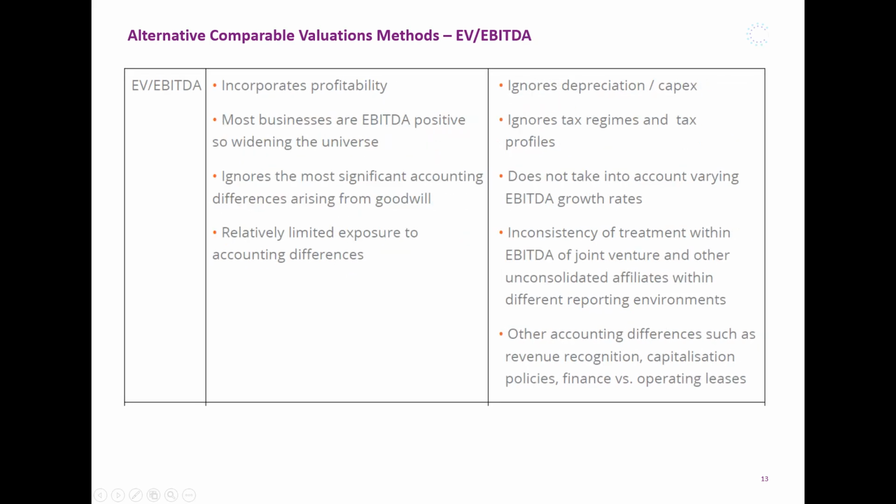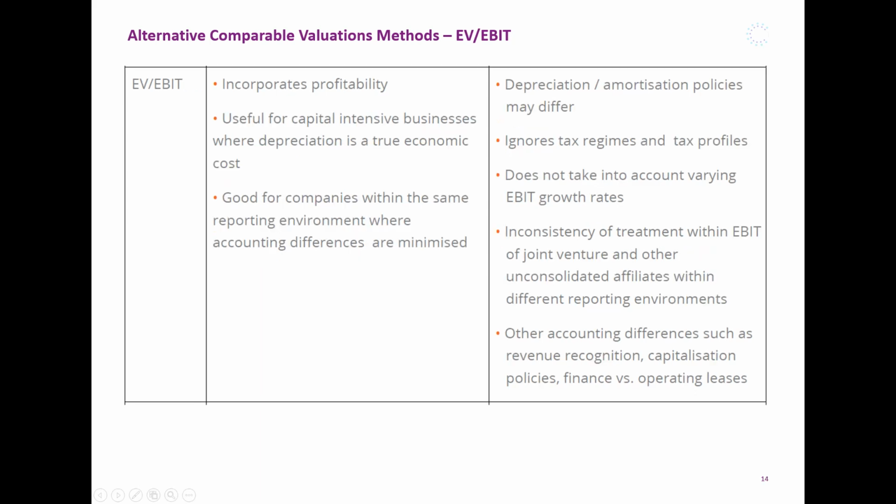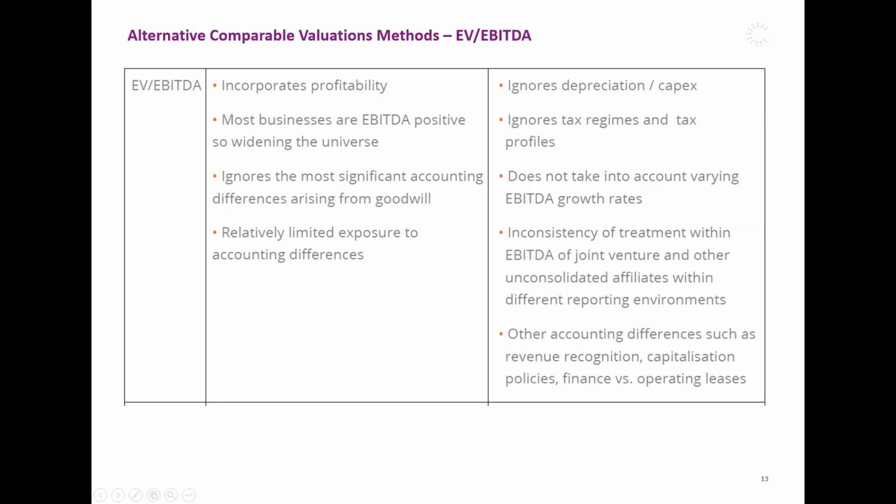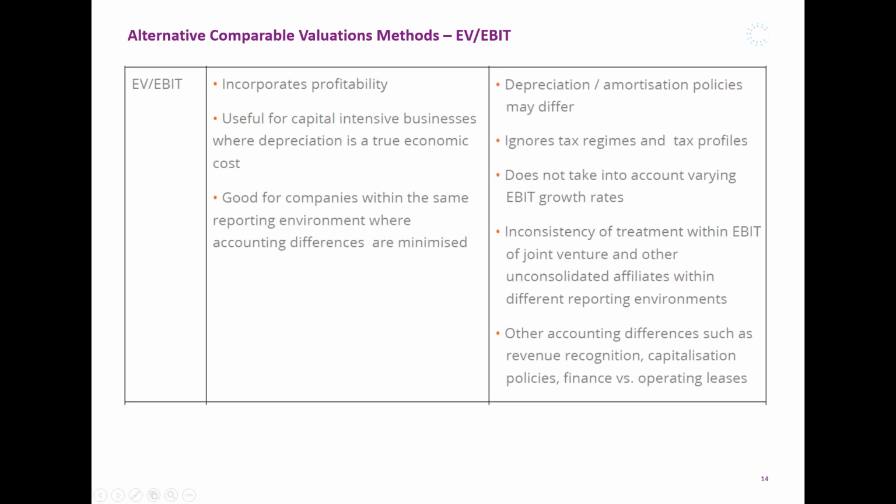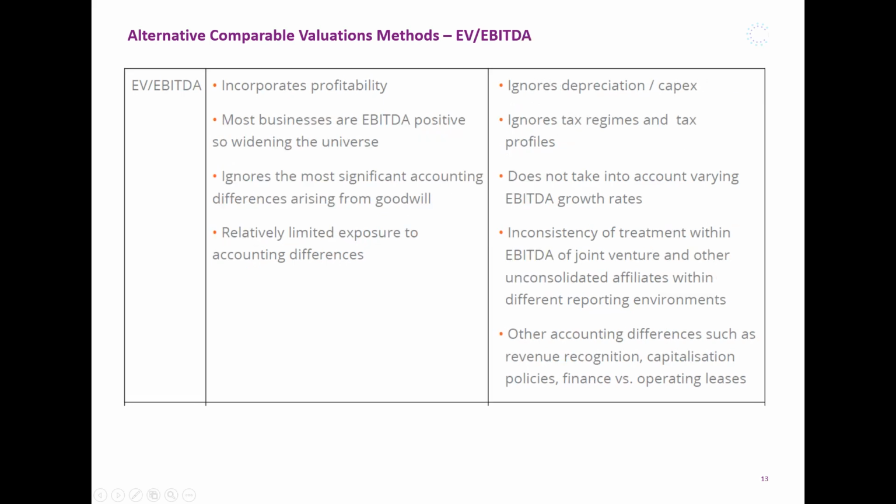So EBITDA is earnings before interest, tax, depreciation, amortization, whereas EBIT is earnings before interest, tax. So you can see the difference is depreciation and amortization. So you could get a very different result for a very capital intensive industry, for example, car manufacturing, because they might show quite a high EBITDA, but they've got huge depreciation, which is a non-cash expense, of course, right?